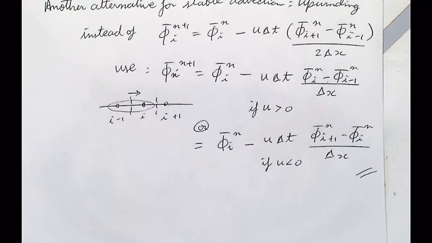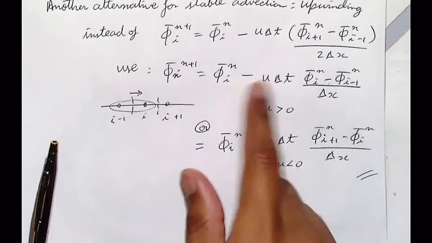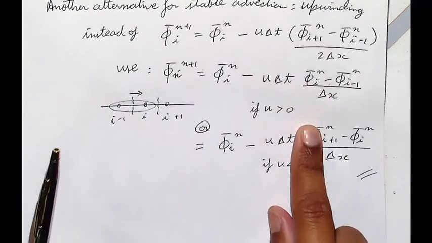So the first order method will be stable, but the accuracy will be terrible. So we will look at higher order methods, doing this interpolation with higher order methods. But first, this actually has another interpretation.